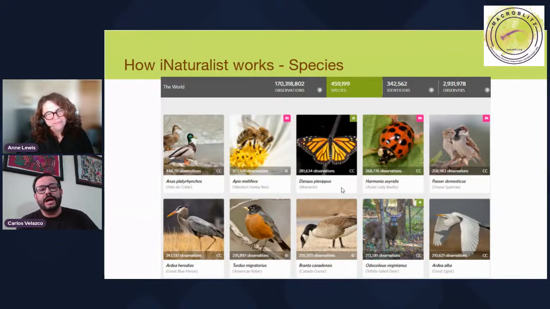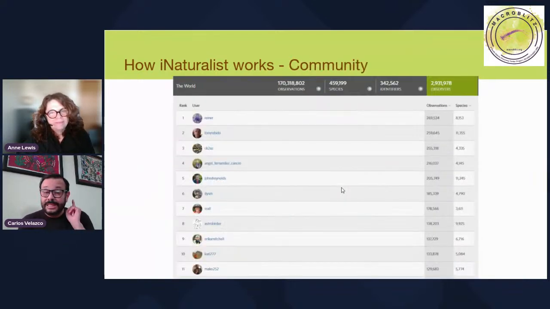But then it's not just about how many records, observations and species, but the community already working in iNaturalist, being part of this world community: more than 3 million observers, people who are sharing observations and records of biodiversity across the planet. Some people, I don't know what they do, but they spend a lot of time. Some of them have more than 250,000 observations already. And to be honest, this is a historical time because no one ever before has been able to put all these people together working at the same time to record biodiversity.